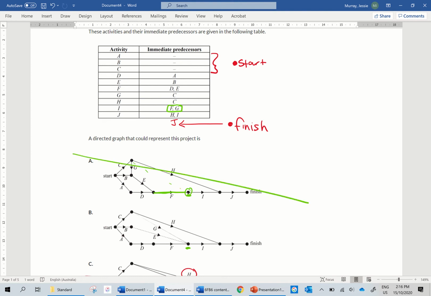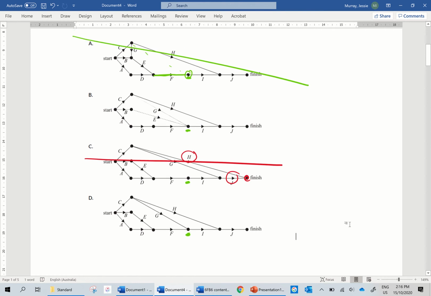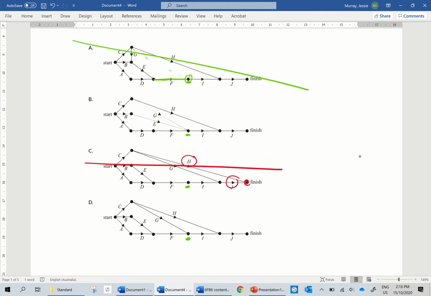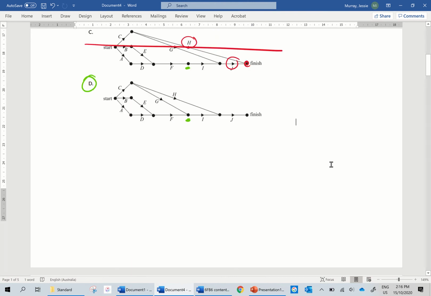So that knocks out A. Now let's look at B and D. The immediate predecessors of I for B are G, E, and F. E is not an immediate predecessor to I, so that line isn't meant to be there, which eliminates B. So the answer for this one is D. It's just a process of elimination for that one.